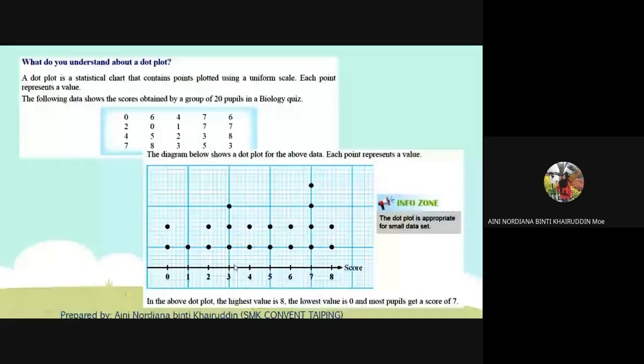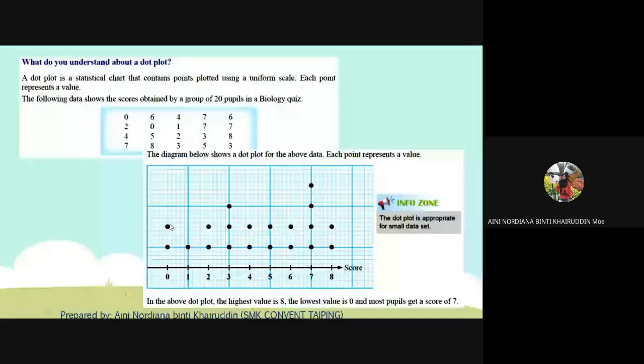Contoh kalau ada 2 kosong, so 2. Okay, yang ni nombor 1, 1 je dot. Kalau ada 2 tu, contoh ni 2 kan, ada 2 data kat situ, so 2 lah dia lukis, faham tak ni? Okay, macam ni, ada kosong 2.